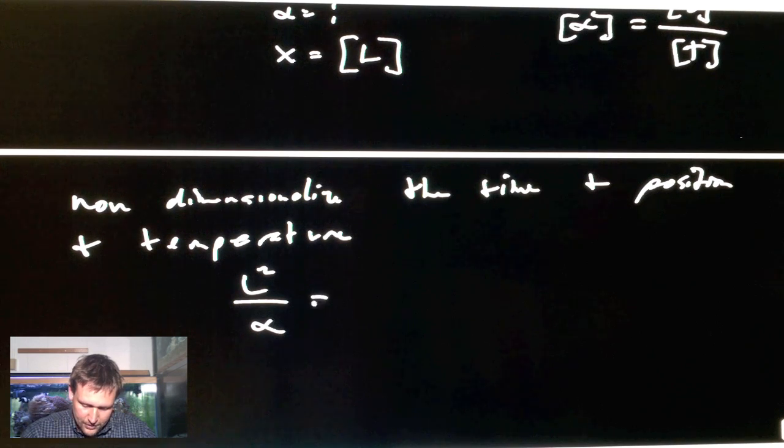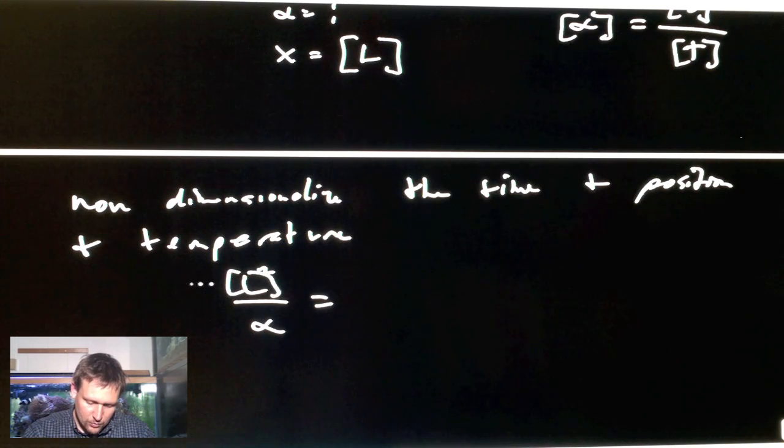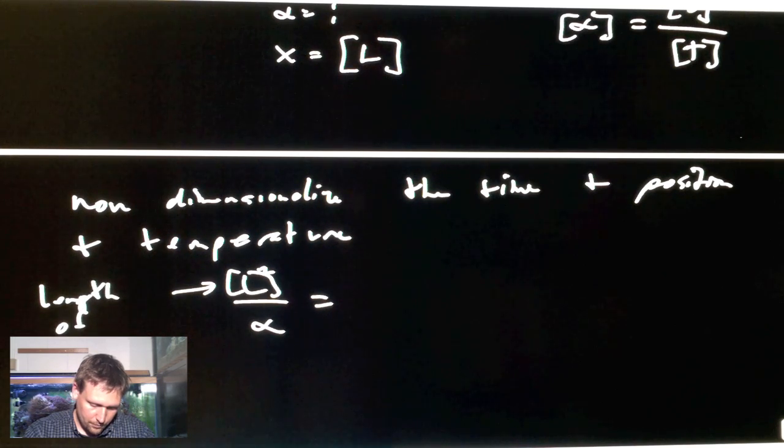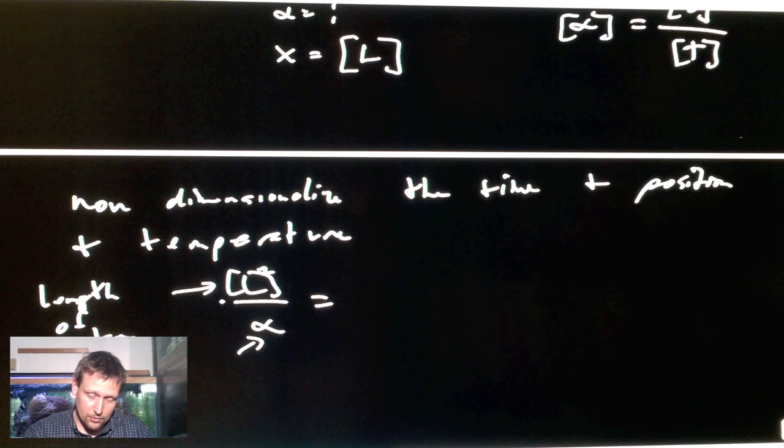I'm going to define this as my time scaling constant. So if we look at this, length squared, this is the length of the actual system, and then alpha has units length squared over time, so the length of the system squared divided by alpha gives us, in the end, units of time.